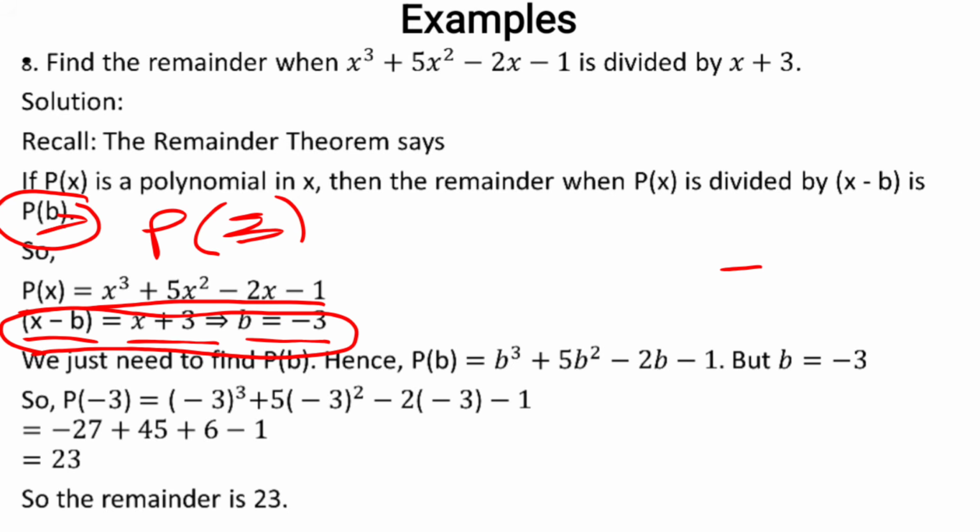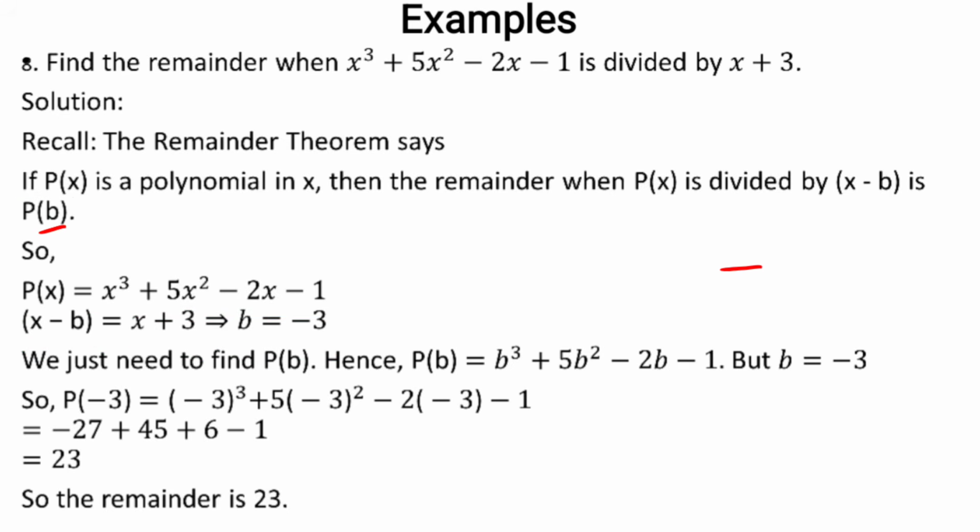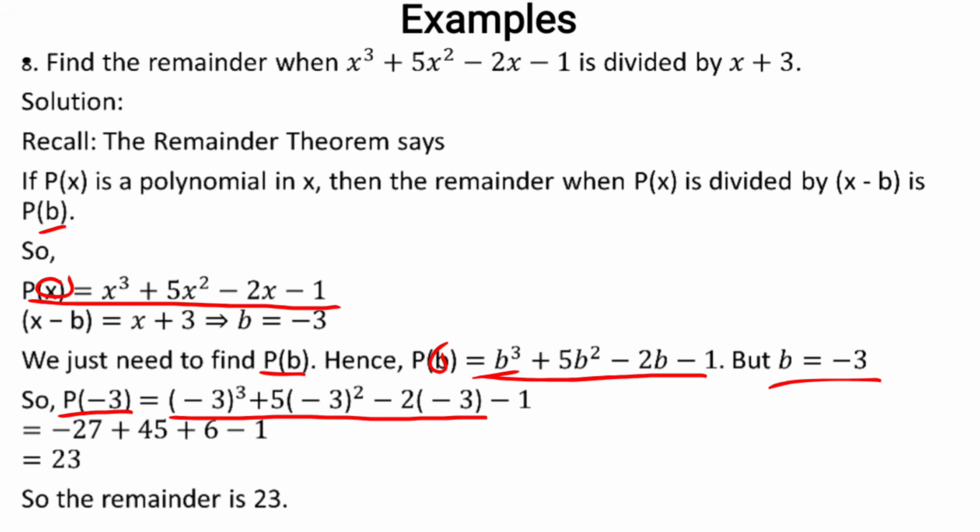So we plug it in now. We're looking for p(b), and our b is minus 3, not 3, because of the minus sign which I left out. So let's be careful with that minus sign. Be very, very careful, especially for your multiple choice questions. Now we know what p(x) is. It is this, meaning that wherever I see x, I'm putting back b. But we know what b is. We got b to be minus 3. So wherever we see b now, we're putting back minus 3. That's why you see p(minus 3) is equal to what you see on the screen here.